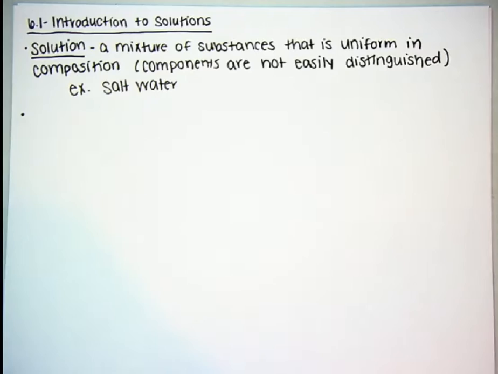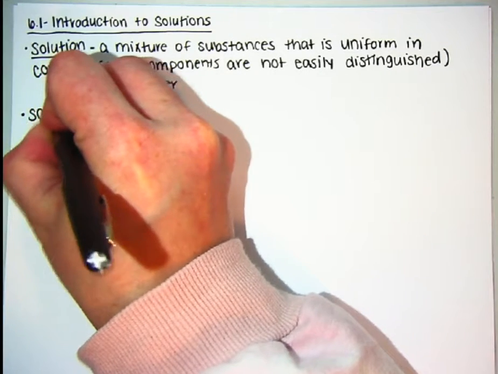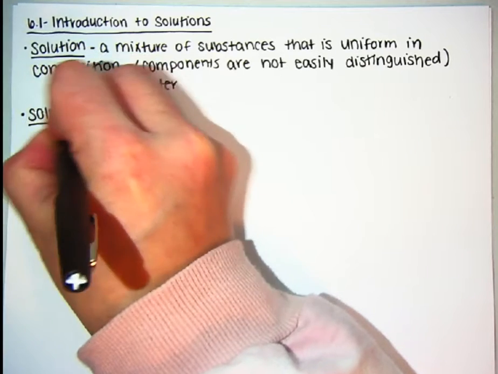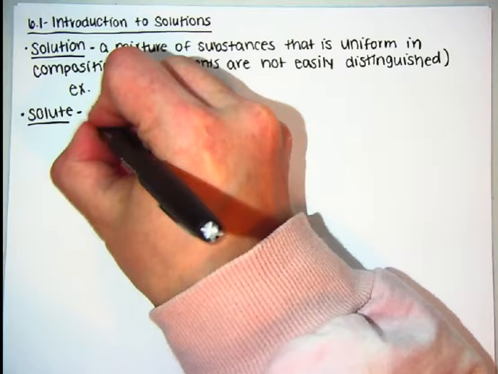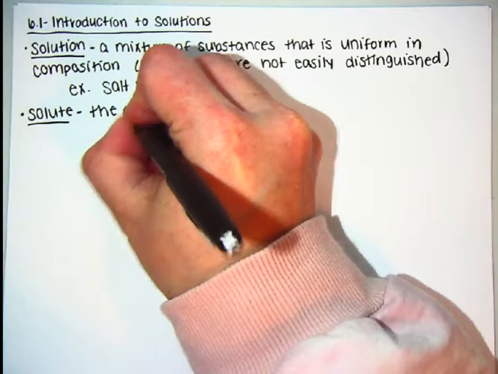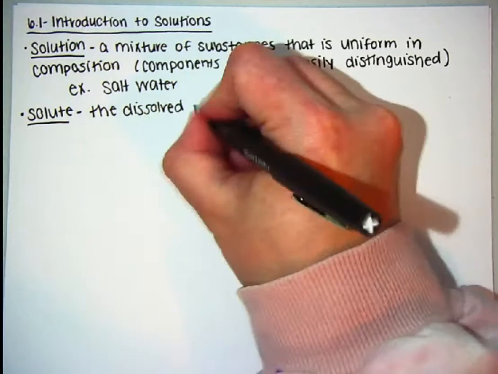There are two parts that make up a solution. The first being what we call the solute. The solute is the dissolved particles.